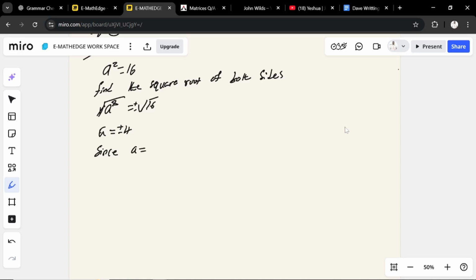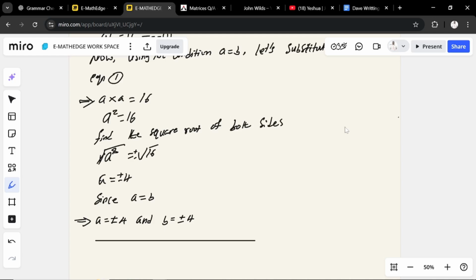Since A is equal to B, this implies that the value of A is equal to plus and minus 4, and the value of B is as well plus or minus 4. So this is the final answer.